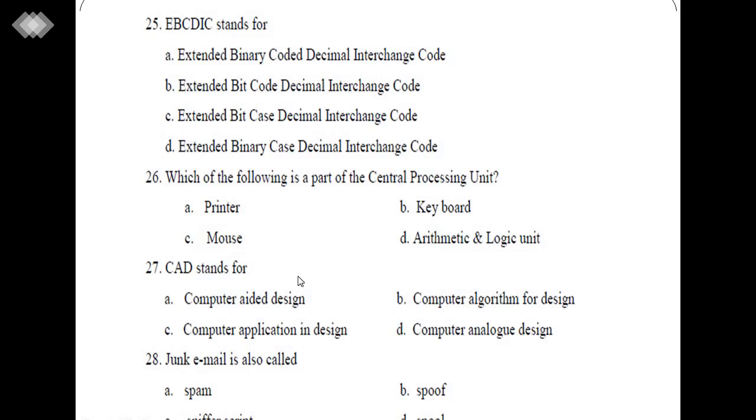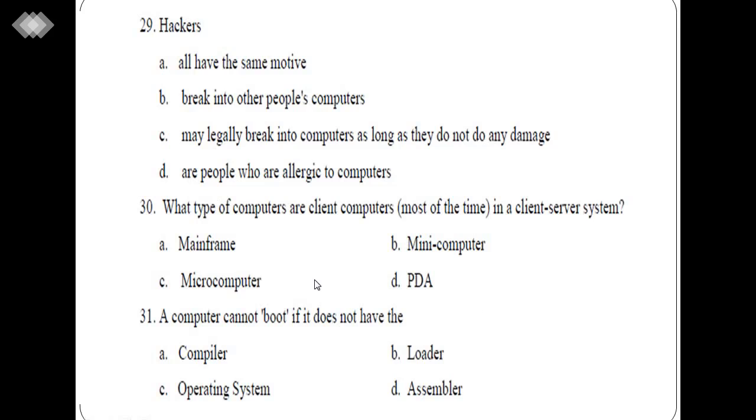So select which one. Now question number 29, hackers all have the same motive, break into other people's computers, may legally break into computers as long as they do not do any damage, and the last option is people who are allergic to computers.